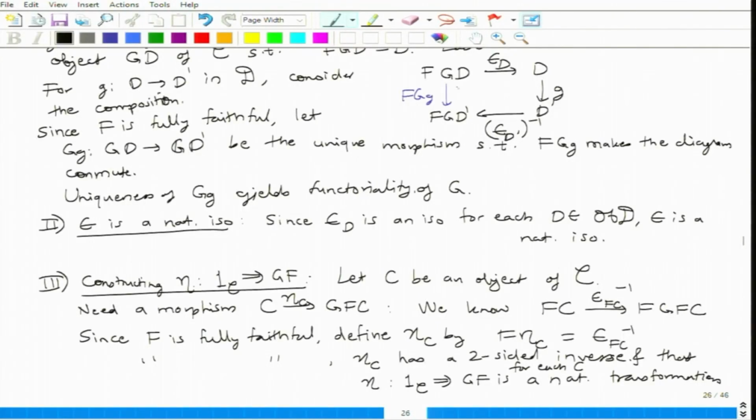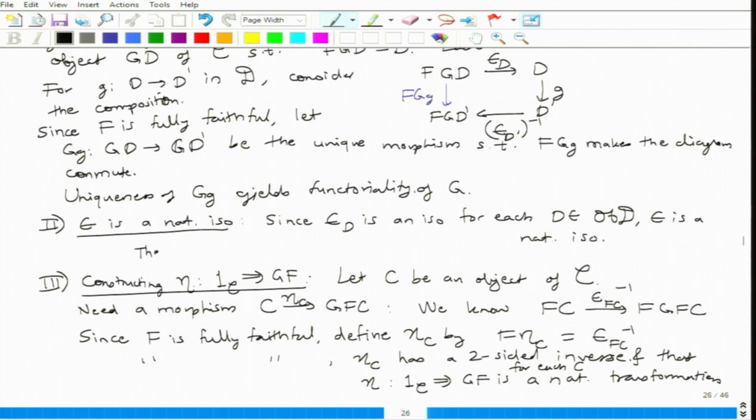Same idea. Yeah, we have actually done that over here. Same diagram. While doing that, we have shown that epsilon is natural.